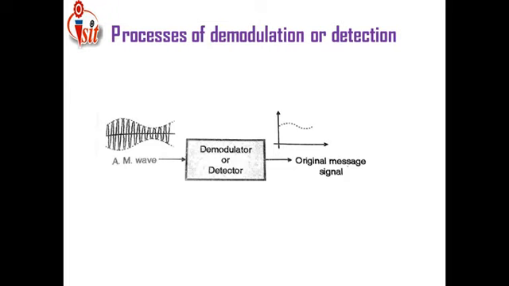For phase modulation, the phase of the carrier signal is varied, and frequency and amplitude remain constant. For frequency modulation, the frequency goes on varying, and amplitude and phase remain constant. These are the different definitions related to amplitude, phase and frequency modulation, and these three types of modulation are involved in your analog communication.